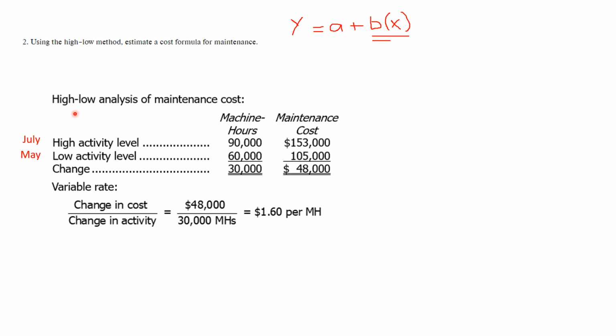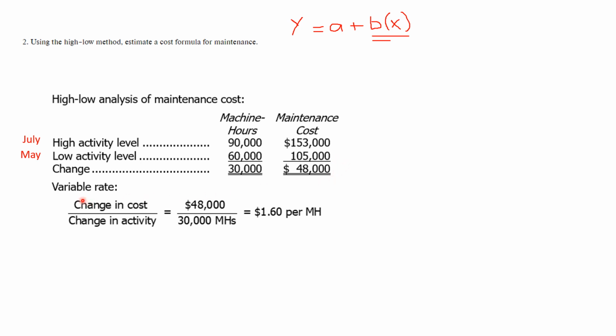So you can see, in July, looking at our machine hours, we had 90,000, and our low activity level, we had 60,000. So we need to find the change of 30,000. And if we look at our maintenance cost, so again, this $153,000 that we just calculated in the previous question, minus our lower activity level of $105,000, which was already given previously, we can see our change was $48,000.